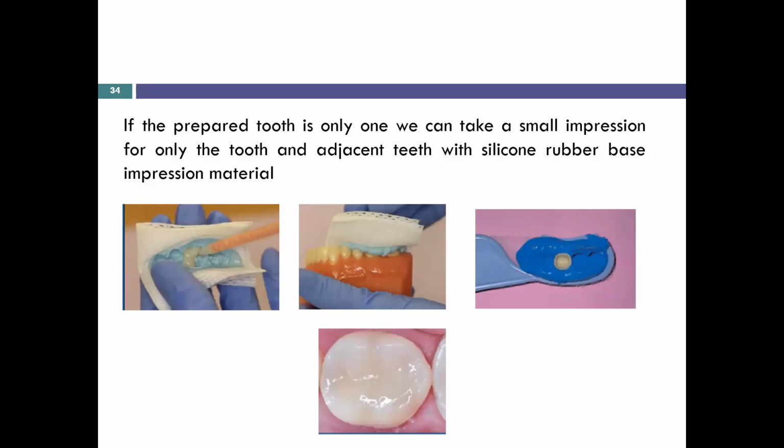In the pictorial diagram, we can see they are filling the material and placing it into the patient. This is for the knowledge. They can place it in the patient's mouth, and we will get a direct temporary crown.